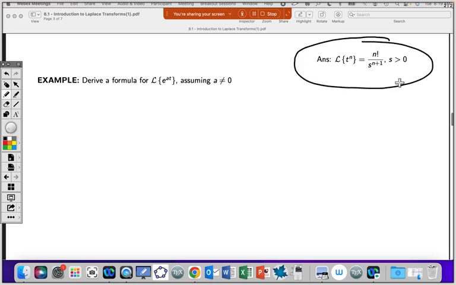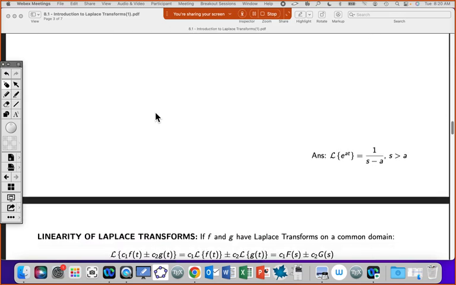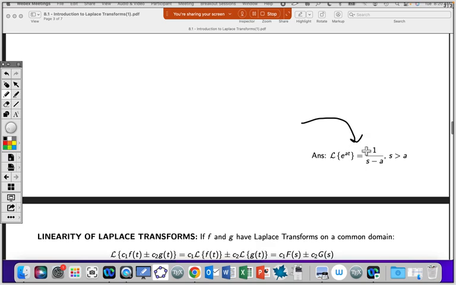So we have the Laplace transform of t to the n power. The power becomes the factorial, and then it's divided by s to the n plus 1. And then we derived the formula for e to the at, which is 1 over s minus a.